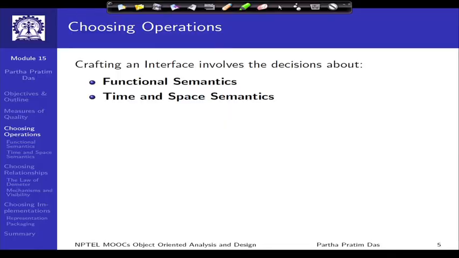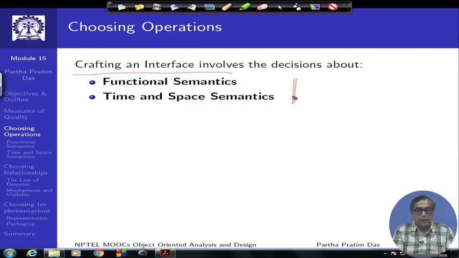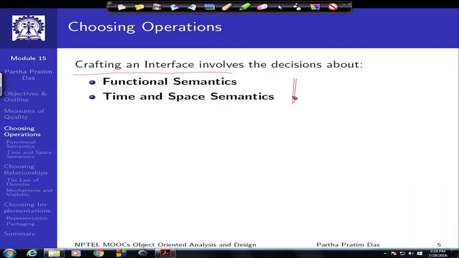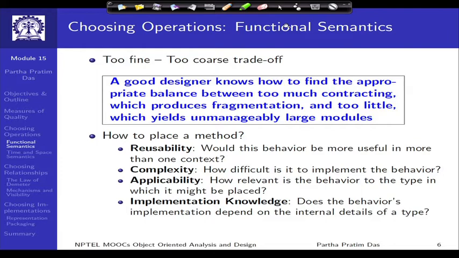So, crafting an interface is not an easy problem at all, but when you are crafting that, you need to primarily take decisions about these two aspects. One relates more to the overall behavior of the interface, and the other relates more to the non-functional, implementation-related nature of the interface: the functional semantics and the time-space semantics. So, let us talk about this one by one.